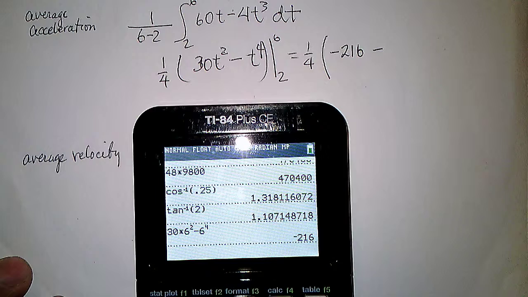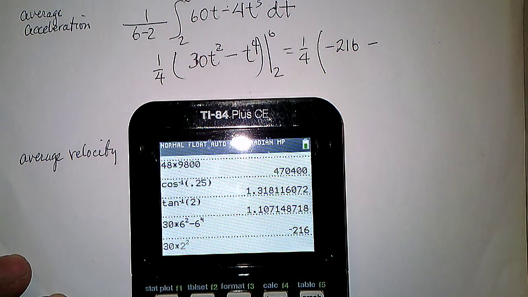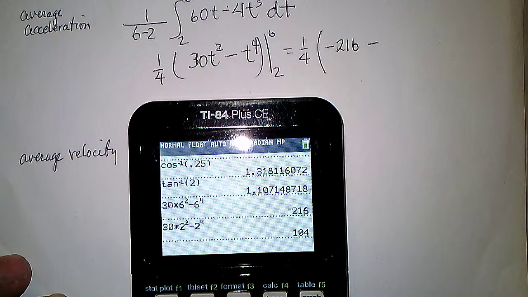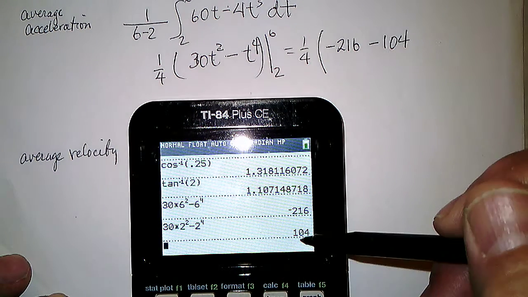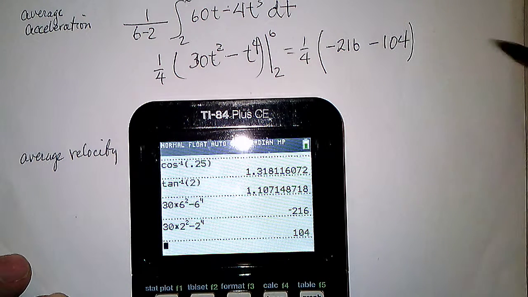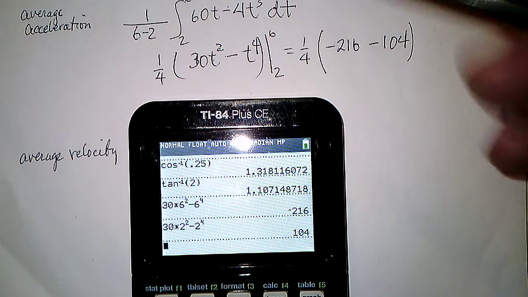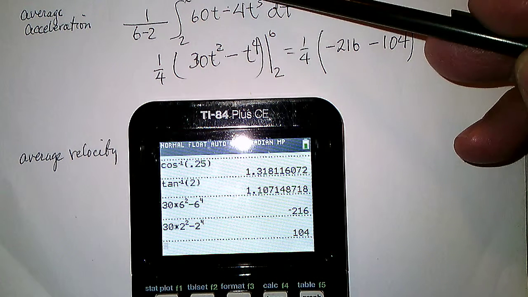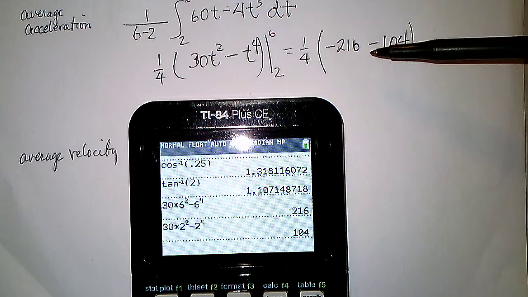Then minus, I'll put 2 in. So 30 times 2 squared, which is 4, of course, minus 2 to the fourth, which is 16. And that's 104. And I'm subtracting that. And so at 2, the acceleration is 120 minus something.